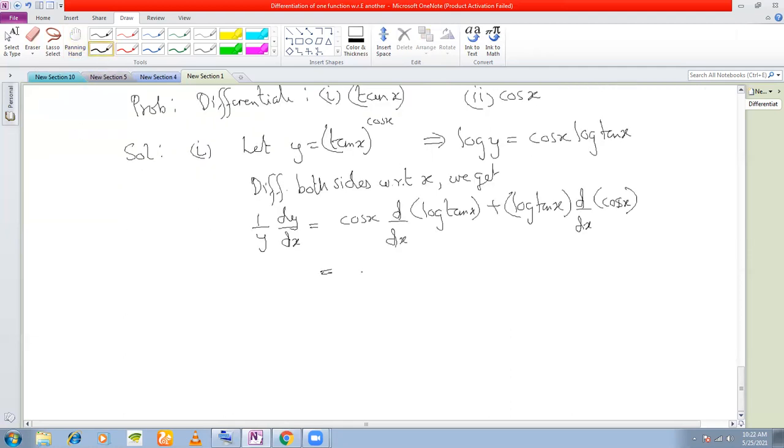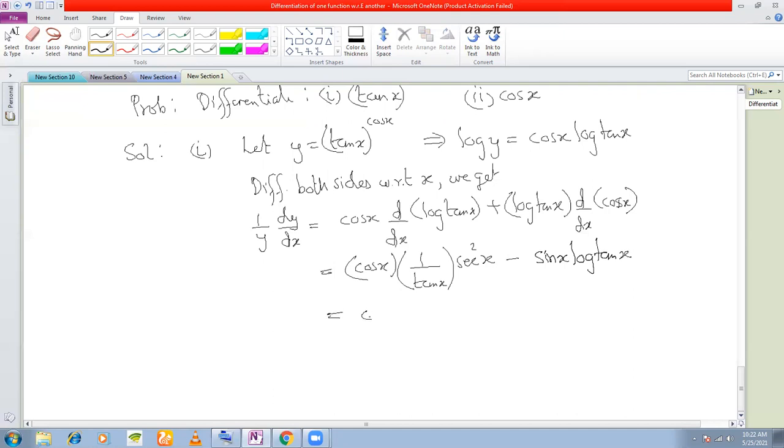So you have the derivative of log tan x as 1 by tan x into sec square x, plus d dx cos x is minus sin x. We change this plus sign to a minus sign. Minus sin x log tan x.